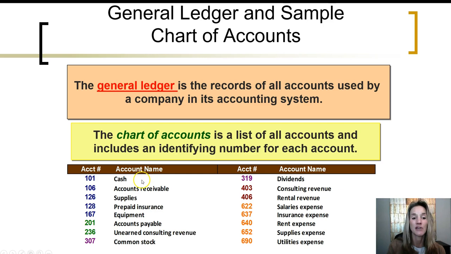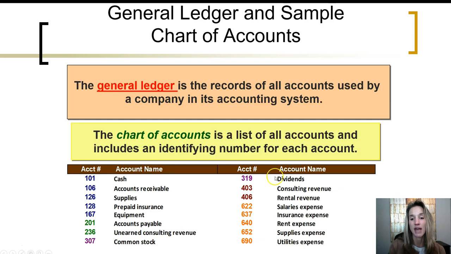We can see here that each type of asset is maintained in a separate account because we want to keep track of how much cash, how much accounts receivable, how much supplies, how much prepaid insurance, and how much equipment a company has. We also keep track of liabilities separately, and we keep track of all of the different equity accounts separately as well.